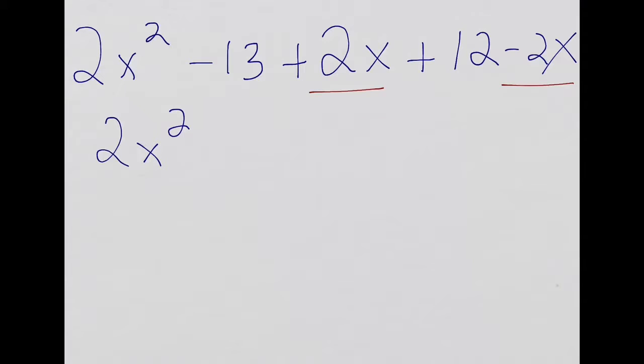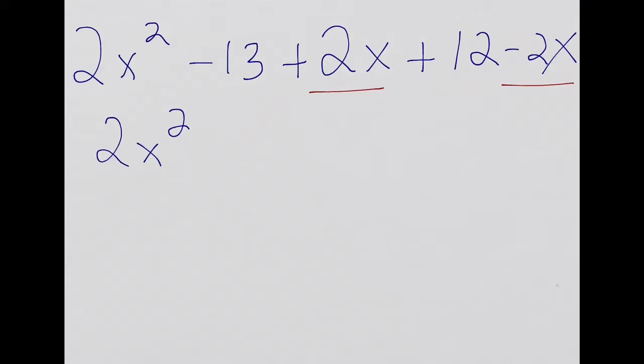I see there's a positive 2x and a negative 2x because the sign that is in front of the term matters. The plus here and the minus here. A positive 2 minus 2 just gives me 0x. I could write plus 0x, but I may as well not write anything at all.